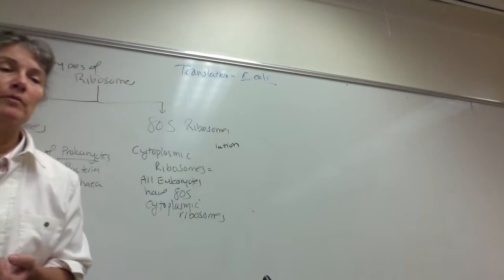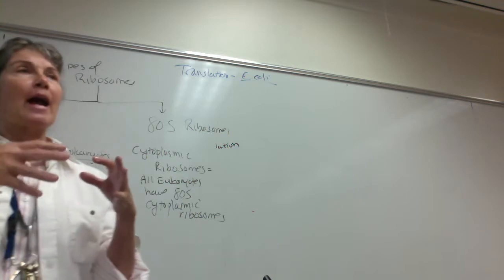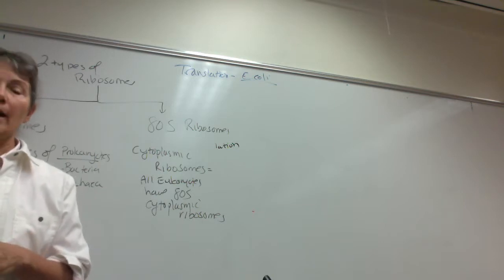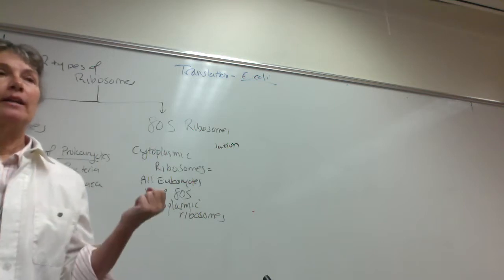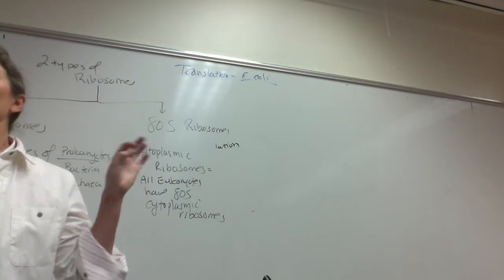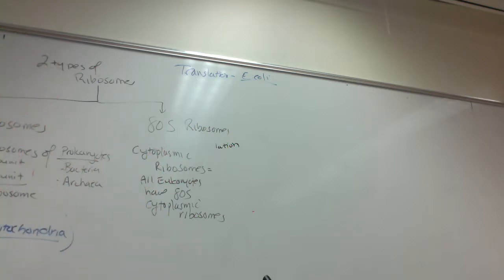And sedimentation rates are based not only on mass or weight, but they're based on shape, right? So it turns out if you take a prokaryotic ribosome apart and you centrifuge the parts separately, the big one ends up being 50S sedimentation rate, the small one ends up being 30S sedimentation rate.